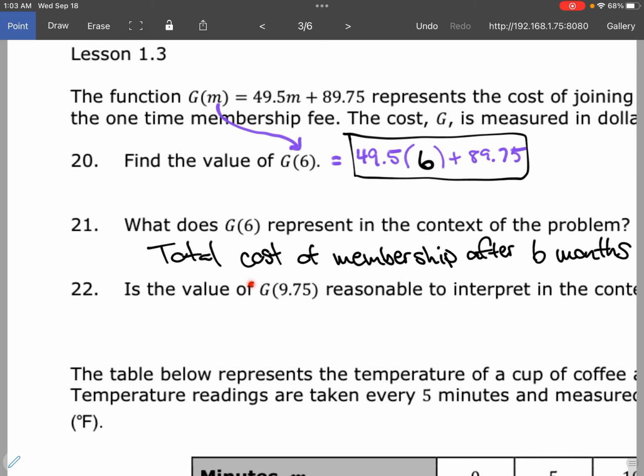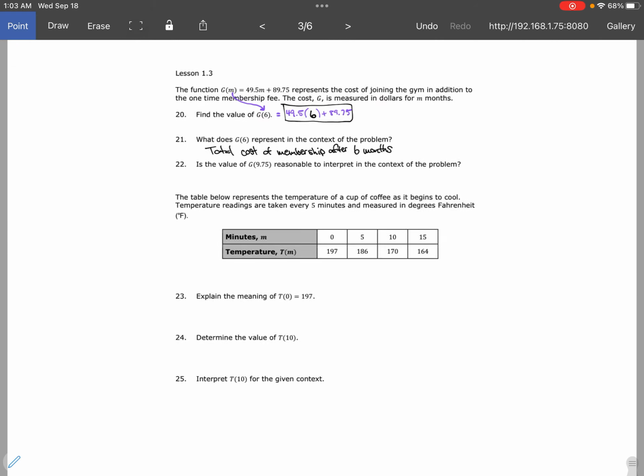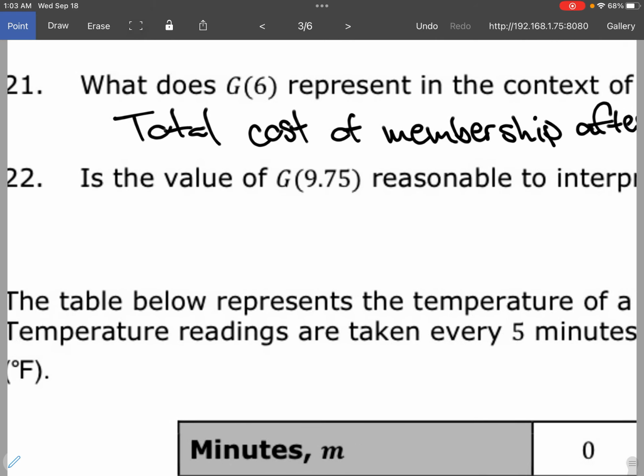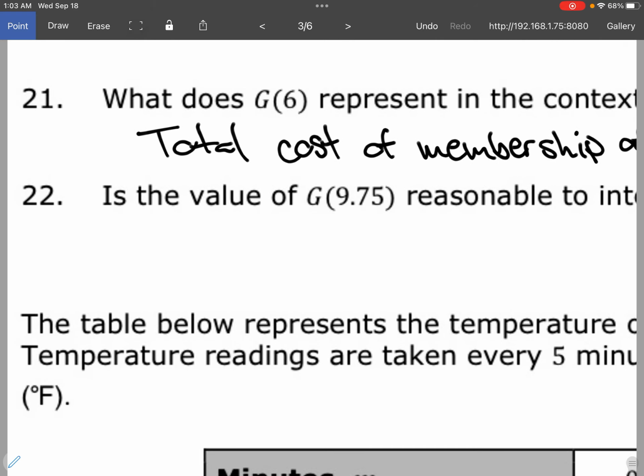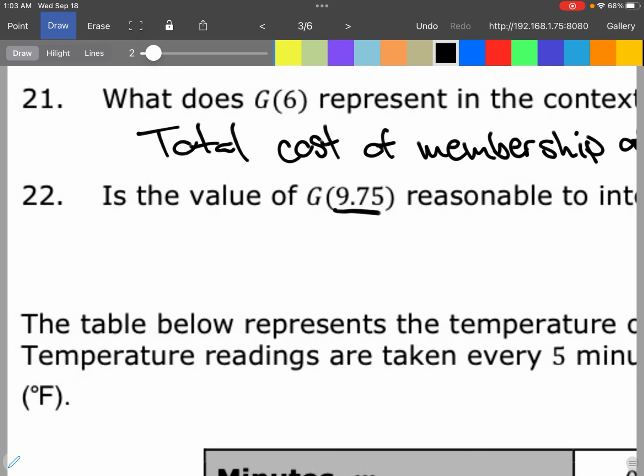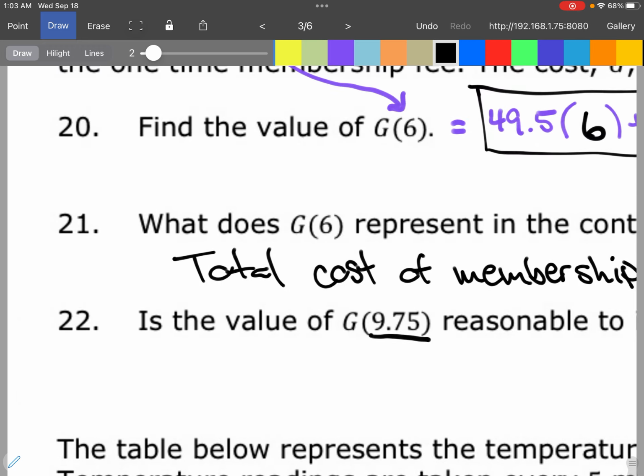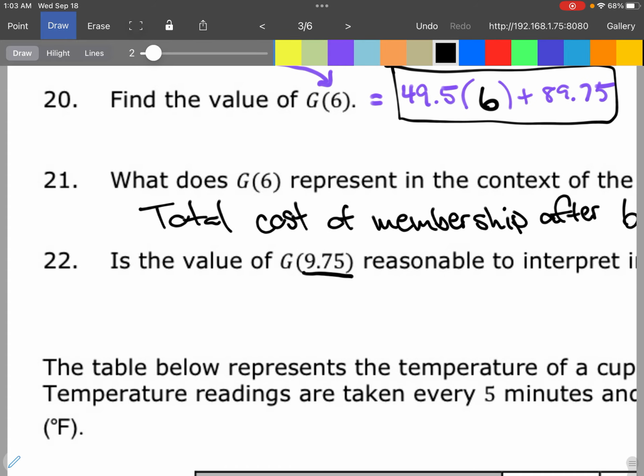Next is the value of G of 9.75 reasonable to interpret in this context? And it depends on what the 9.75 represents. If it's in parentheses, it should be our M value, and M represents months. So I don't think 9.75 months is reasonable.